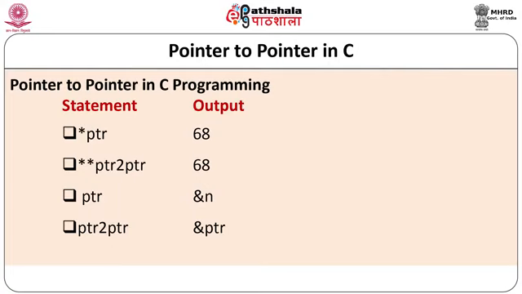The first statement is *ptr, which means we are considering the pointer, and the output will be 68, because in the previous example your num equals 68 and you wrote ptr = &num, and that gives 68. The second statement, **ptr_to_ptr, is also 68.